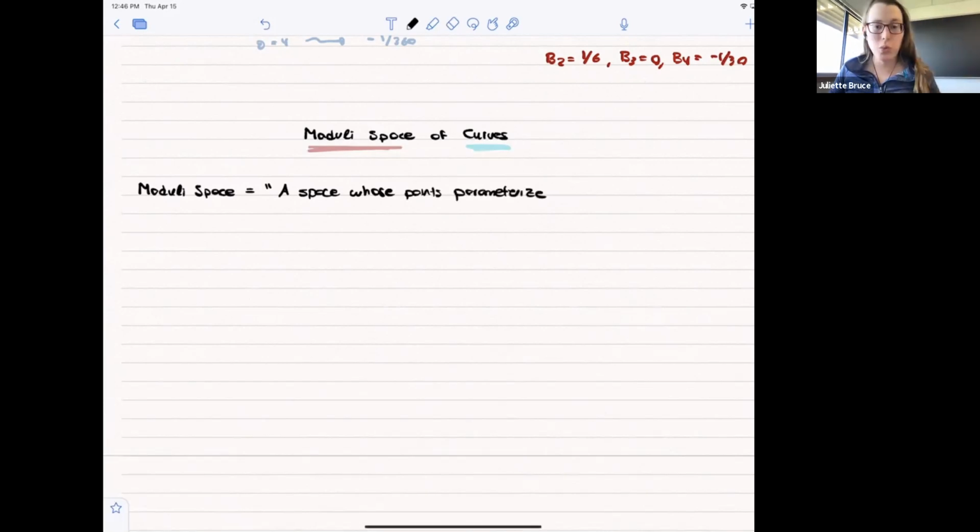so maybe are in one-to-one correspondence, maybe has some other nice properties, some given collection of geometric objects. And what type of geometric objects? Maybe it's curves, maybe it's points, maybe it's lines, surfaces, donuts, triangles.